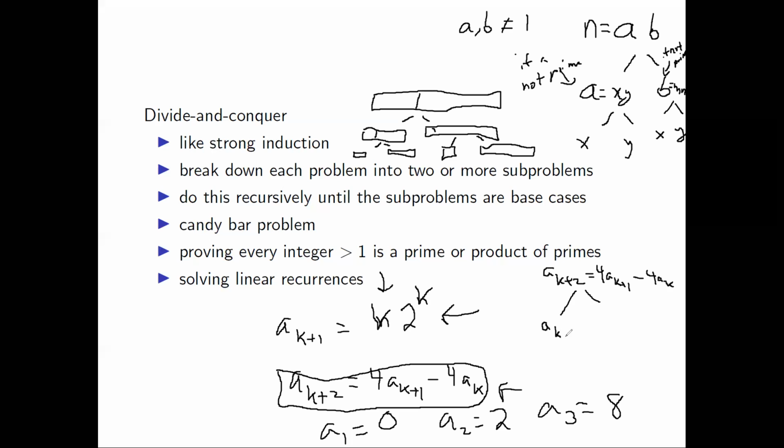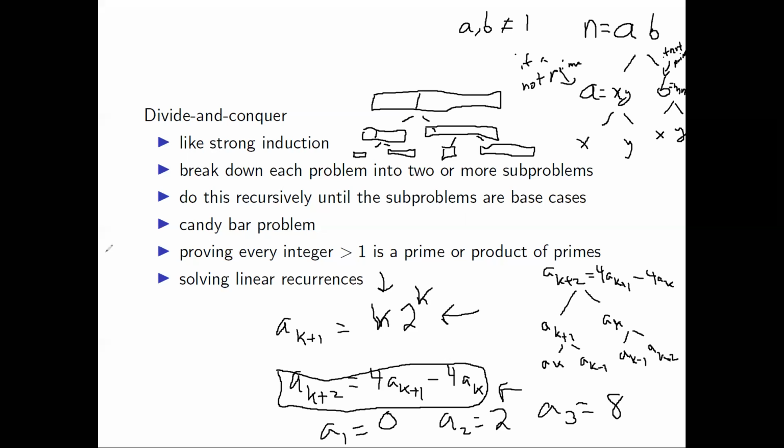So a sub k plus 1 and a sub k, and we can get their values from a sub k and a sub k minus 1 for the a sub k plus 1, and for the a sub k, we got a sub k minus 1 and a sub k minus 2. So as you can see here, we have all these different trees, but all of them we can turn into trees like this. And this idea of turning into trees where the successive levels of our trees are smaller and smaller subproblems, this is the idea of divide and conquer.